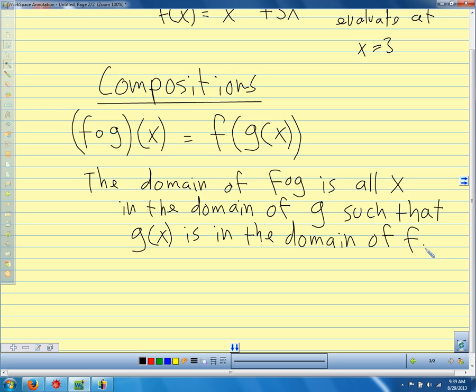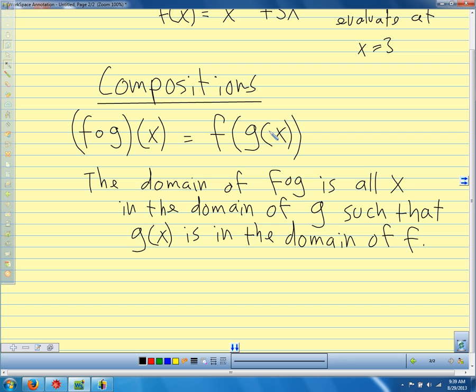And it really sounds more complicated than it really is. What it's telling us is we have to pay attention to the domain restrictions of g, and then take into consideration the domain restrictions of f. So I like to call g, if we write our composition this way, the inside function.